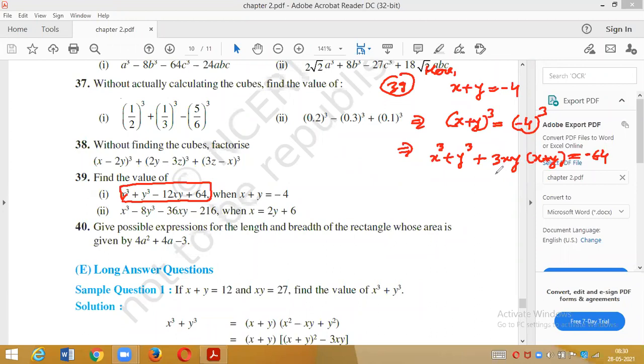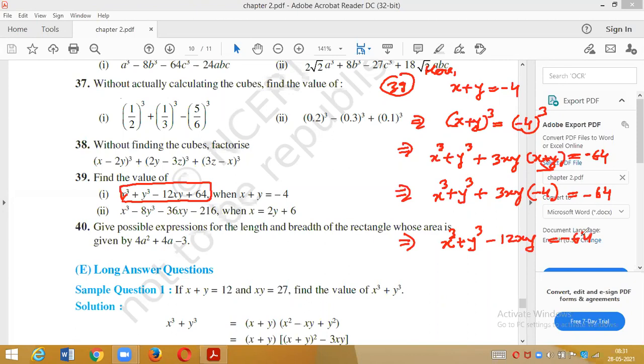This statement is clear to everyone, or any confusion is there in this one? No, sir. Okay, x cube plus y cube as it is, plus 3xy as it is, but x plus y is given as -4. We can write here -4 is equals to -64. Now, if you simplify this one, you will get x cube plus y cube minus 4 3s are 12xy is equals to -64.